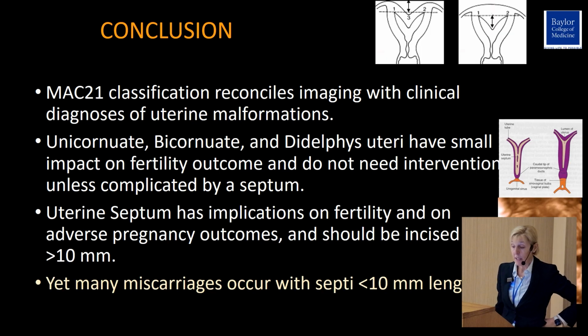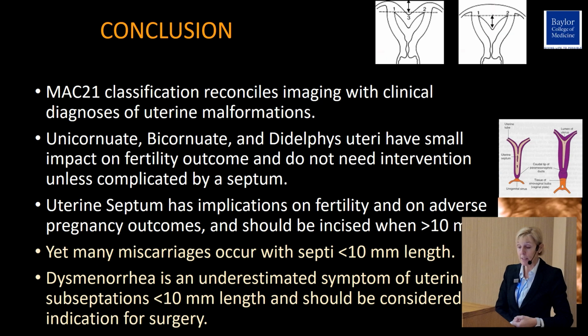Yet we know that many miscarriages occur with septi much less than 10 millimeters in length, and so it's very difficult to find that real measurement that should advise when to incise the septum.